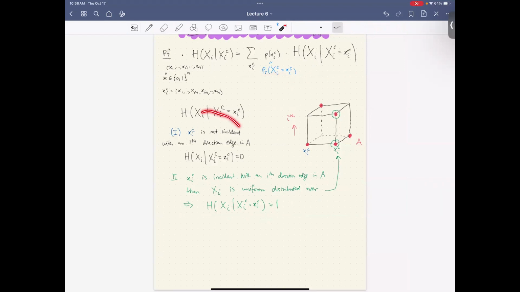Okay, so now we can write this. Since if it's not incident to an edge, this entropy is 0, we don't need to care about those. So we only need to care about those probabilities when x_i^c is supporting an i-th direction edge. Actually, x_i^c is not a vertex.